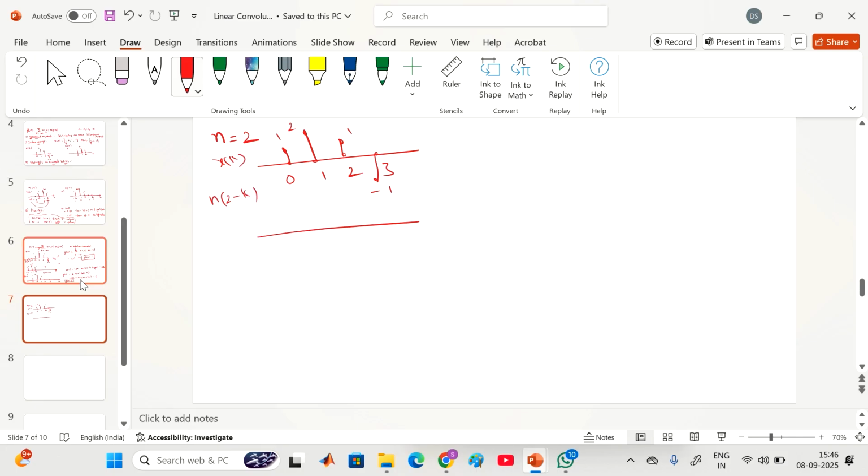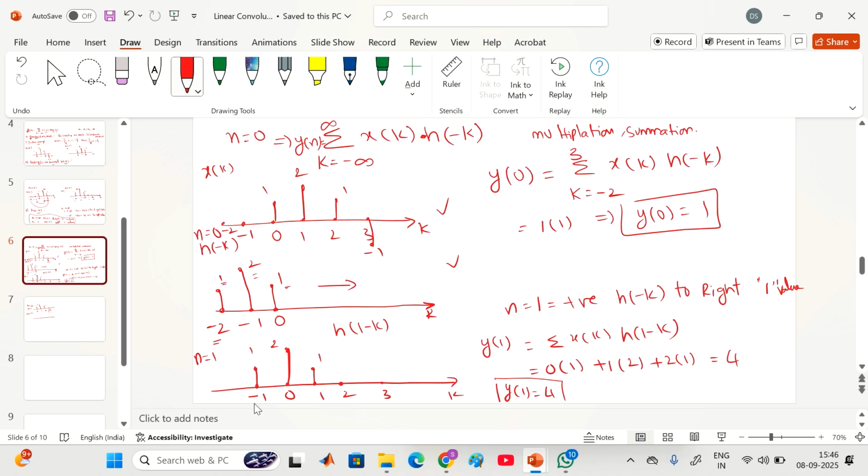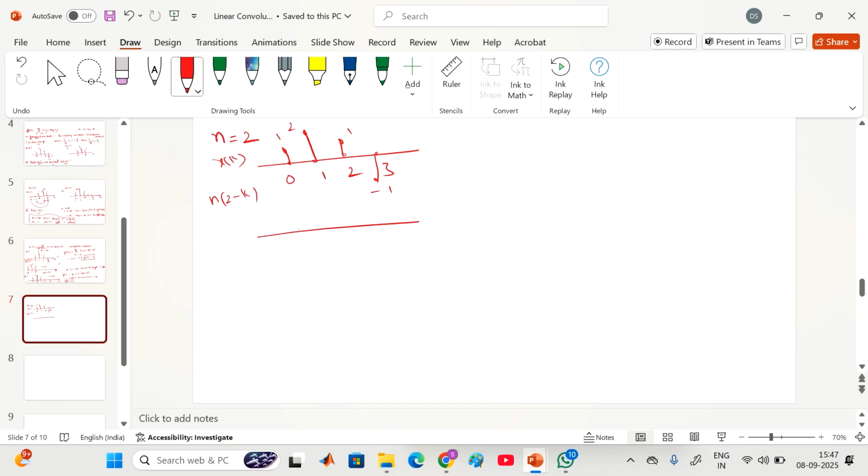Previously h started at minus 1; now this will be shifted one more index to the right side. So h of 2 minus k is at 0, 1, 2, and the sequence is 1, 2, 1. Now again multiply these two sequences in order to get the y of 2 value. Taking the common slots, k equal to 0, 1, 2 are common.